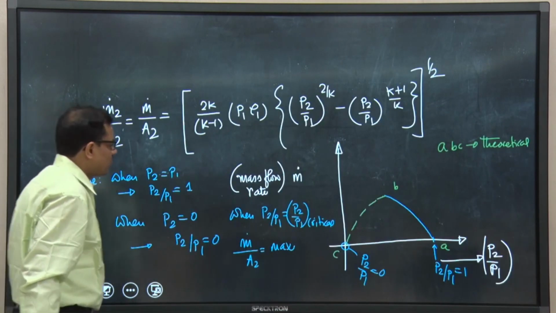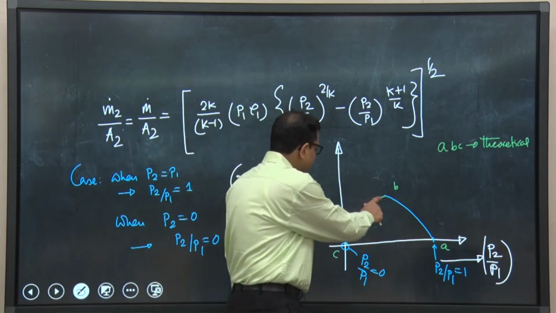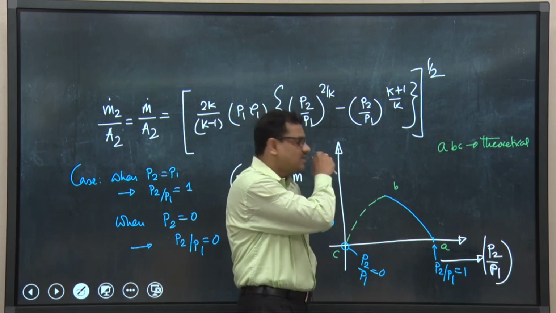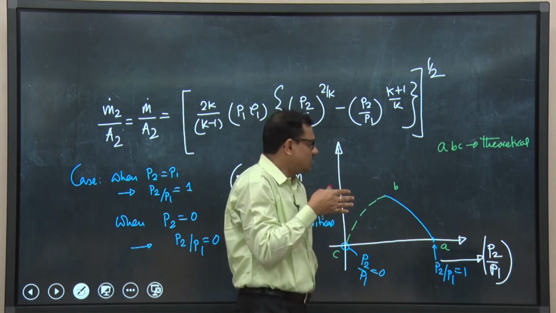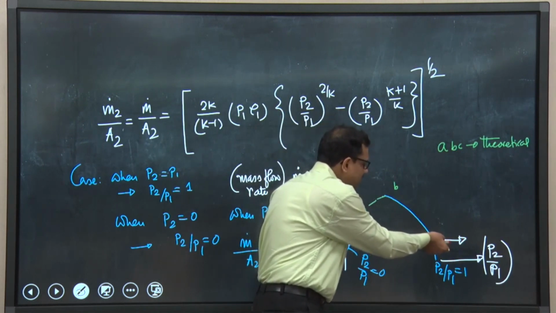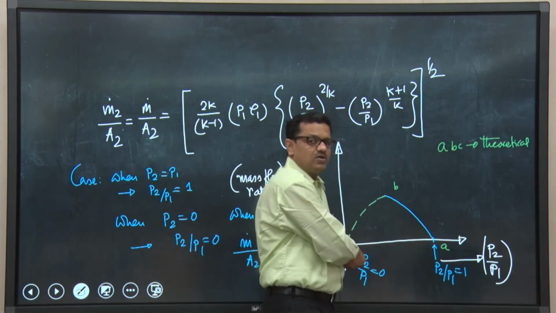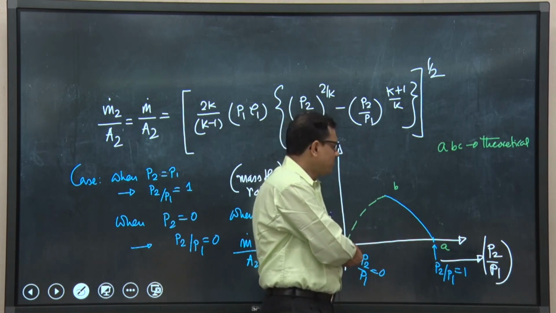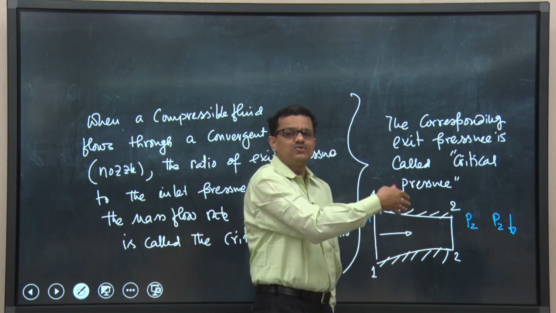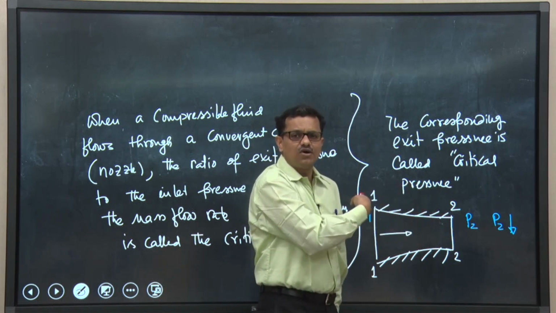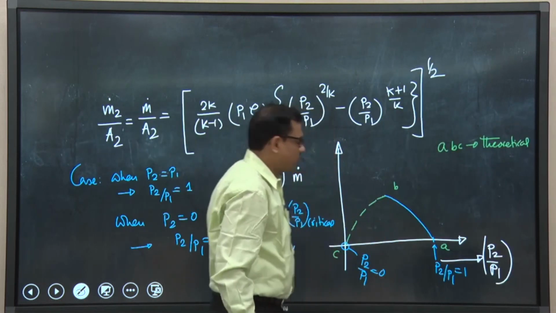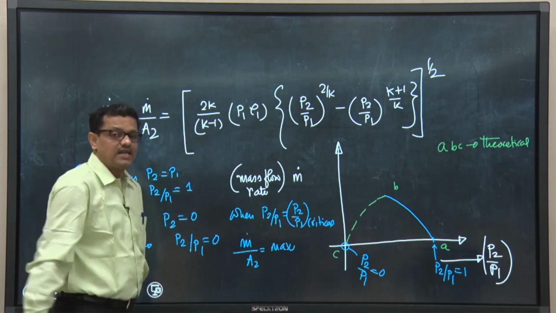So, we are bringing the ratio of P2 by P1 from 1 to closer to 0. If we reduce P2, we have more pressure difference, so we are supposed to get more flow rate, but that is not the case, as we can see from this curve, which is verified by this mathematical expression as well.